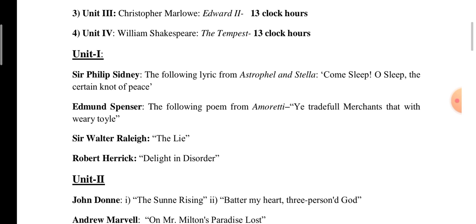The first unit has Sir Philip Sidney's lyric from Astrophel and Stella, Come sleep, O sleep, the certain knot of peace. Edmund Spenser's poem, then Sir Walter Raleigh's The Lie, and Robert Herrick's Delight in Disorder.